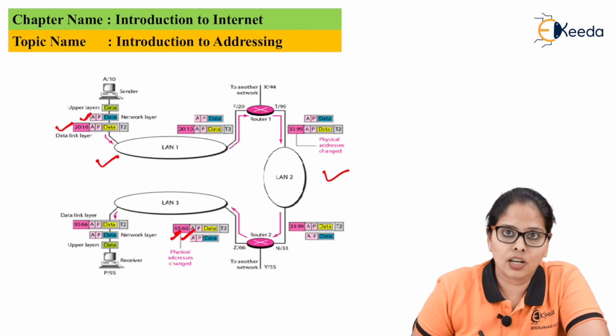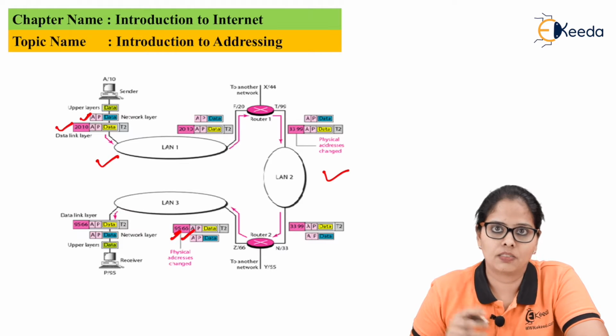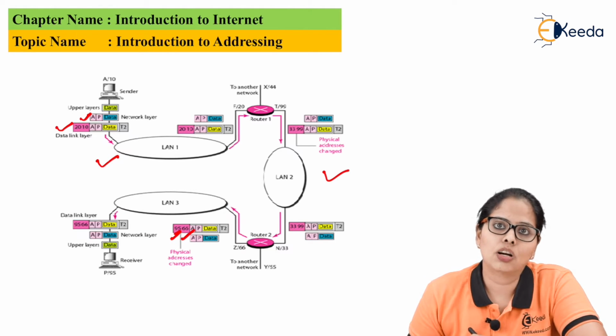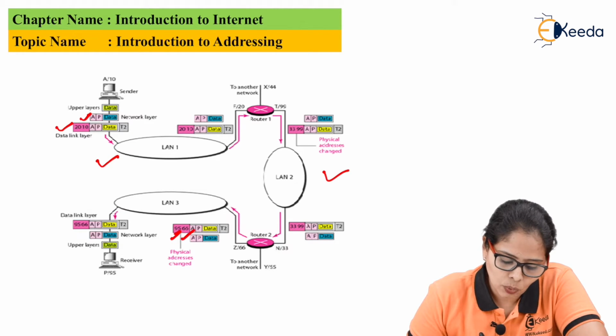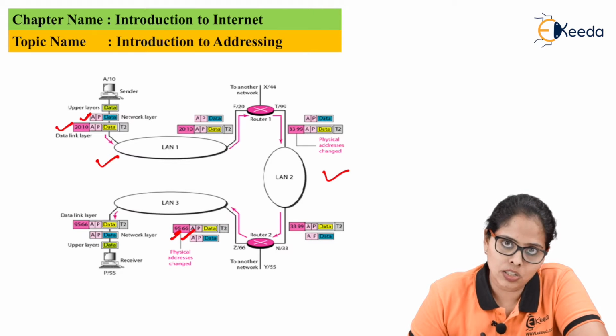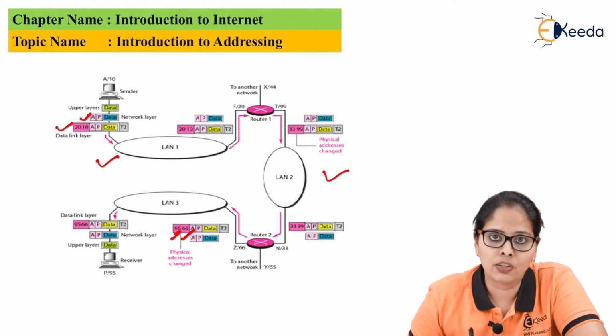Now let us talk about the logical addressing. In the logical address, A and P are my source and destination addresses. Now see, this frame is moved to network 2.